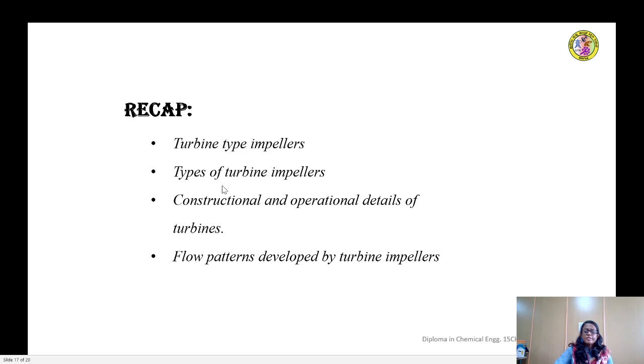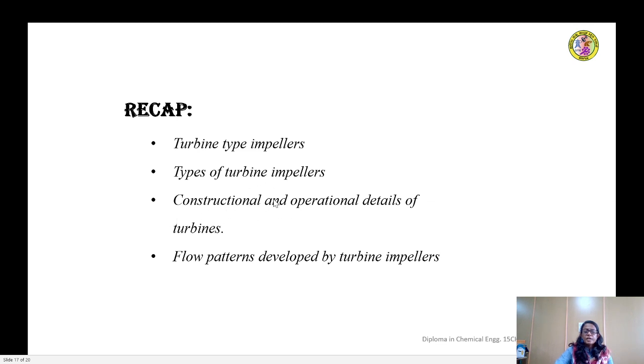We have seen various designs of turbine impellers. The impellers can be created with straight flat blades, or with curved blades, or with a disc at the center to which a number of blades can be attached in a disc bladed impeller. And also we've seen how a pitch bladed impeller can be constructed.